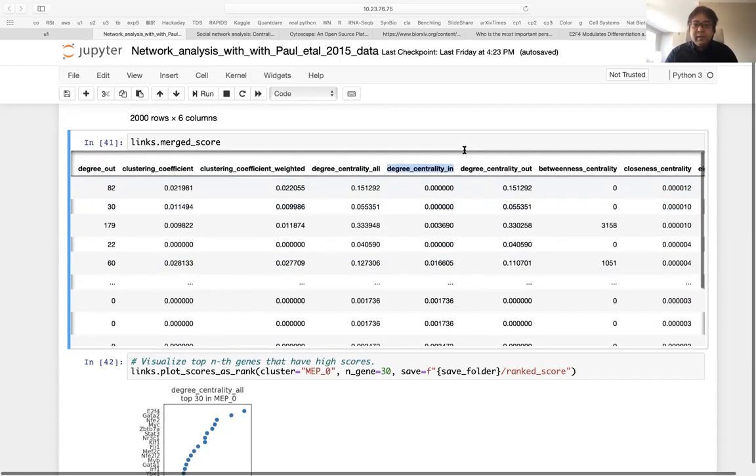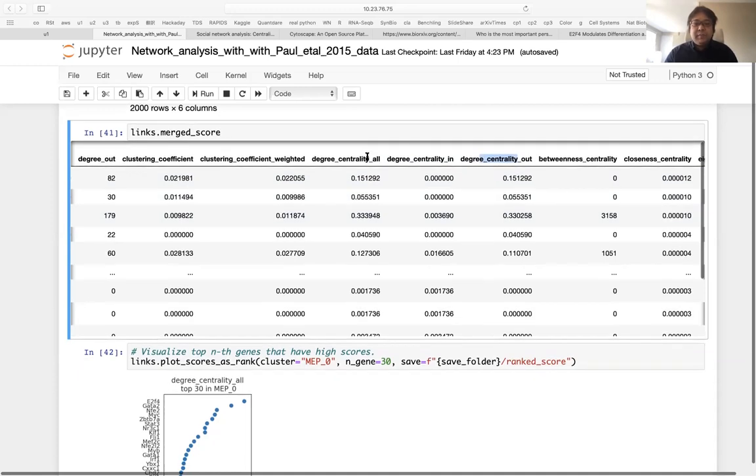If one gene has a high degree centrality in, this gene is regulated by many genes, and degree centrality out is the opposite score. Degree centrality out counts the edges which come out. A transcription factor has a really high degree centrality out score. Degree centrality all is the sum of these 2 scores.